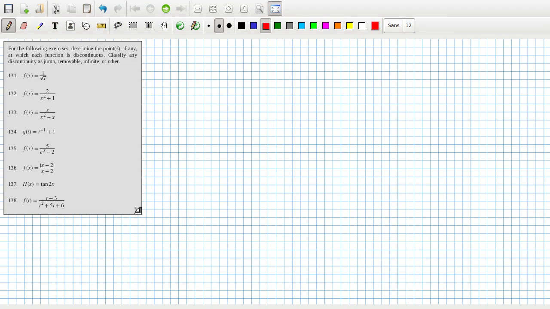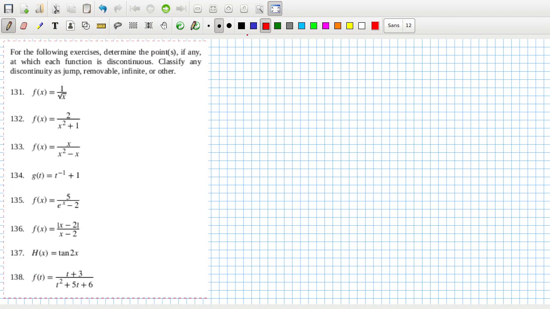So let's just zoom in a bit here. So this one, it might seem like at first it's infinite because when x approaches 0, it diverges, it shoots off to positive infinity. But for infinite, we need it to be infinite from both the left and the right. And there is no left here.